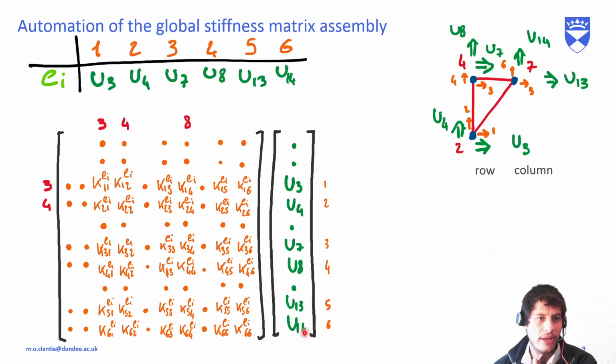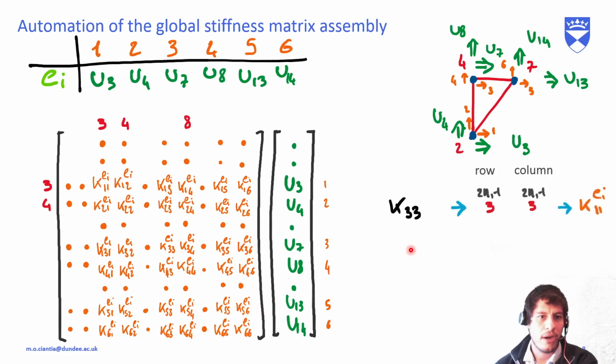We put them in our vector. And then I ask you, where is K33 going to be positioned? Well, it's going to be positioned in the row 2n1 minus 1, which is 3, and column 2n1 minus 1, which is 3. Remember that n1 is 2.